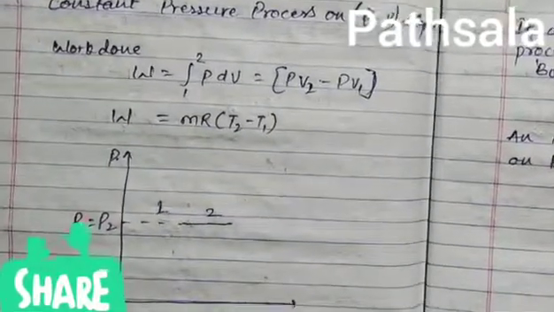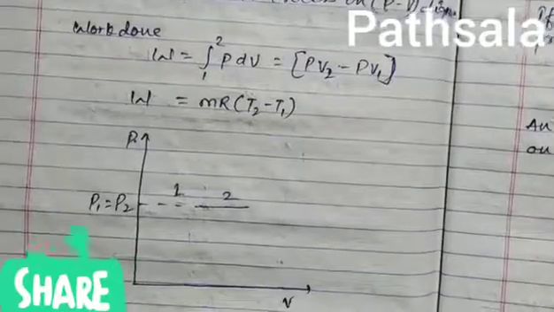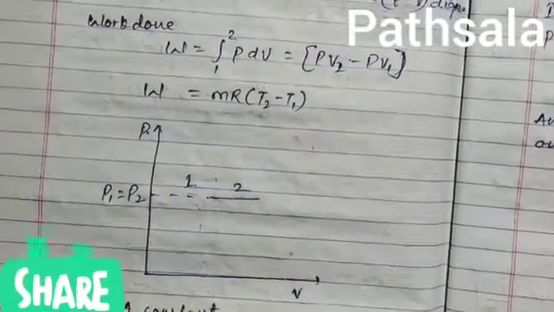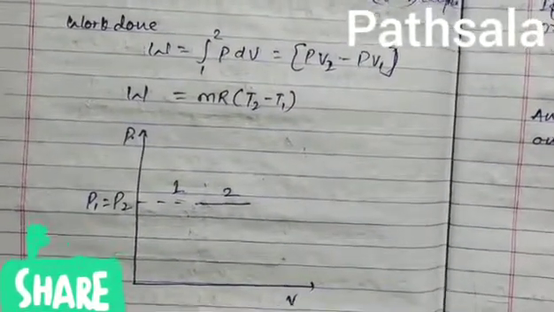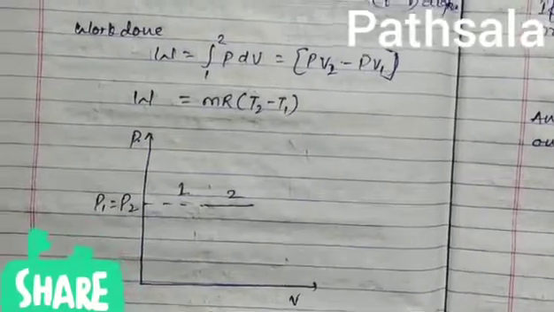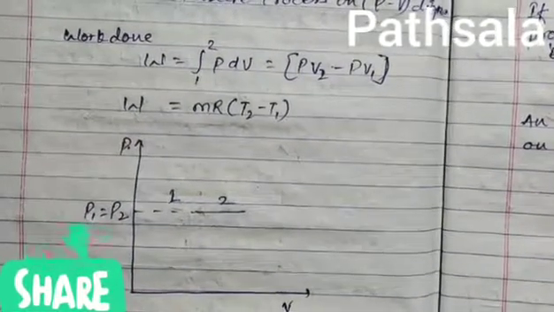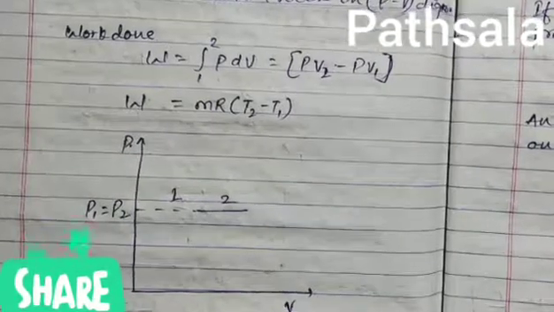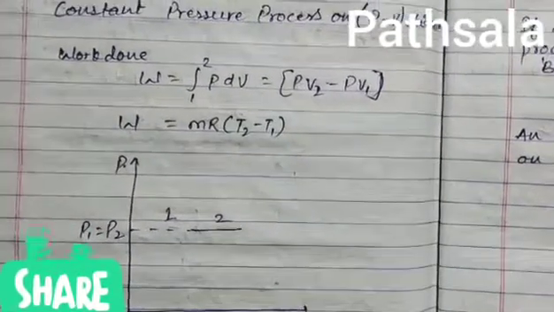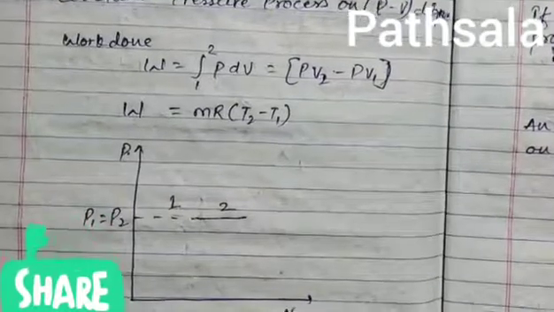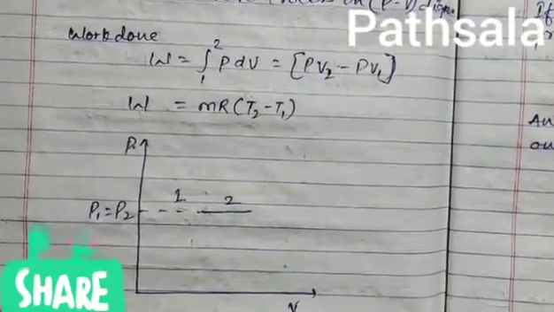So we get W is equal to m R (T2 minus T1), that is work done is equal to mass into R, the gas constant, whose value is 8.413, and T2 minus T1 is the change in temperature.